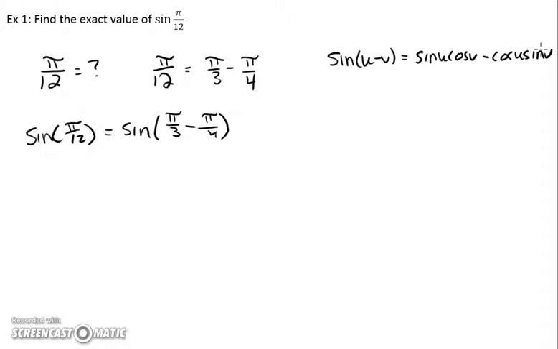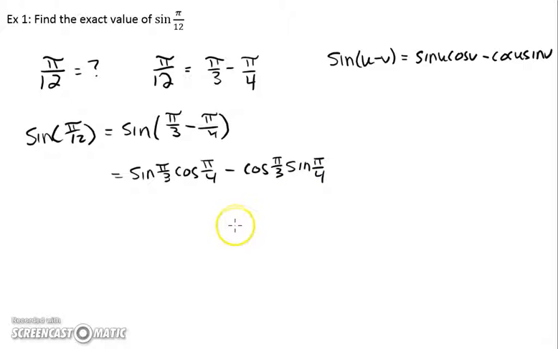So now what we have to do is just use pi over 3 and pi over 4 as u and v. So sine of pi over 3 minus pi over 4 is going to be equal to sine of pi over 3 cosine of pi over 4 minus cosine of pi over 3 sine of pi over 4.